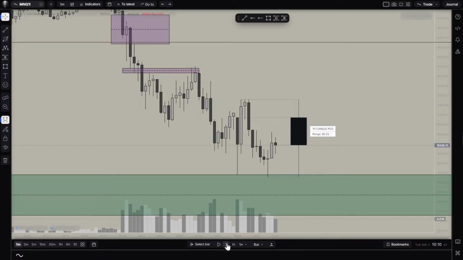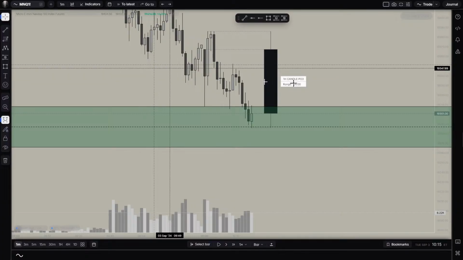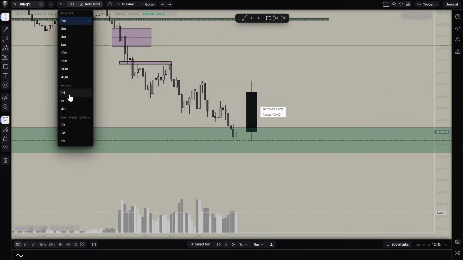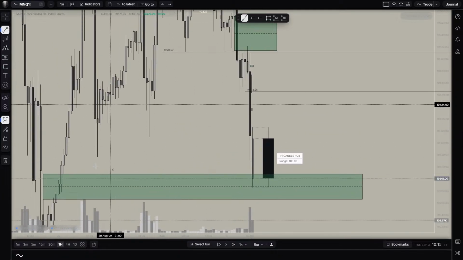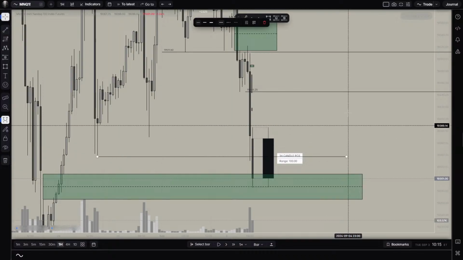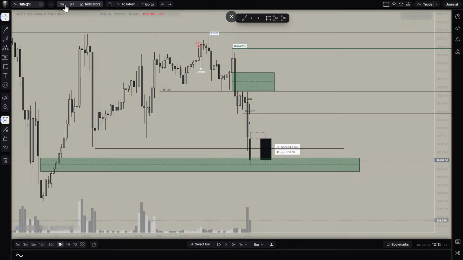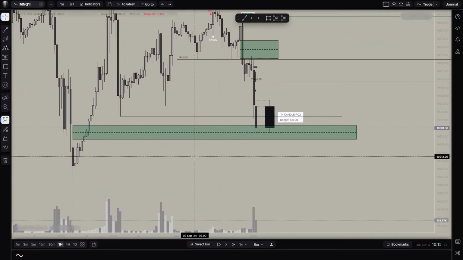Another sweep of low. We move into a good level. Let's go on early. Let's see. Yeah, we have taken all this liquidity, and also the structure on early is pretty broken up.